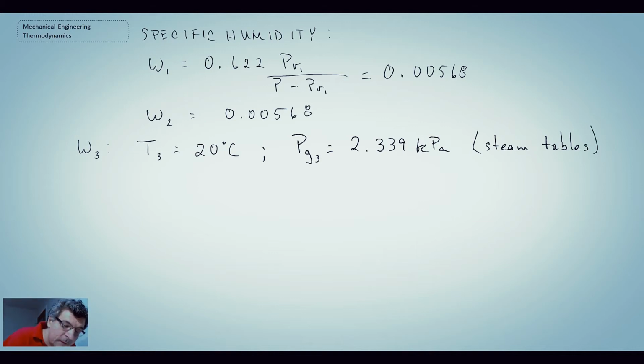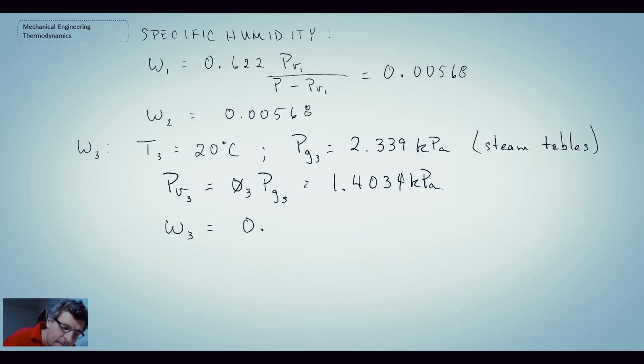And with that, we can then calculate the partial pressure due to the water vapor. Once we have that, we can put it into the equation that enables us to calculate the specific humidity. And P here would be the 95 kPa, or atmospheric pressure.